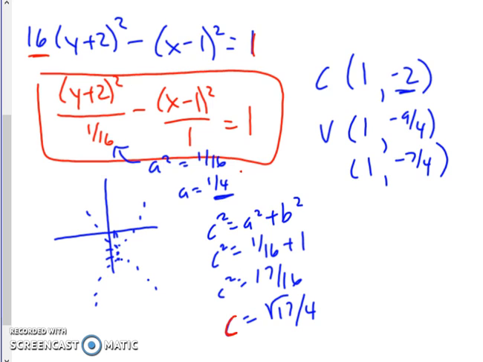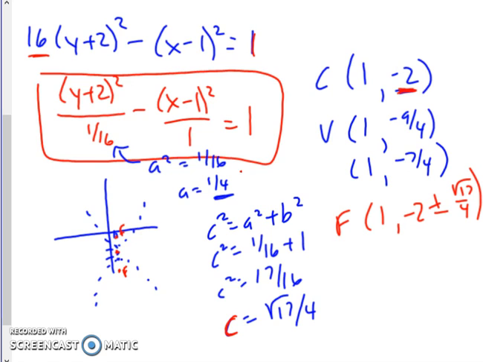And again, the foci always fall within the hyperbola, so I'm going to count again up and down. I'm just estimating where it would be right now. I'm going to count up and down from the y value of my center to get the ordered pair of my foci. So my foci will be 1, and again, I'm going to take negative 2, plus or minus the square root of 17 over 4. I'll leave that in exact form.